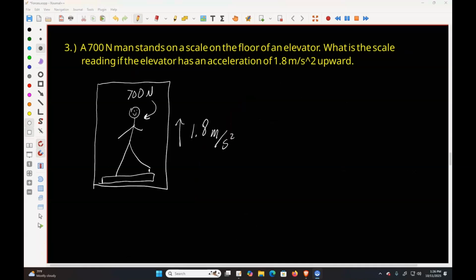In this example, I have a 700 Newton man standing on a set of scales on the floor of the elevator, and the elevator is accelerating at 1.8 meters per second squared. So what is the reading on the scales?